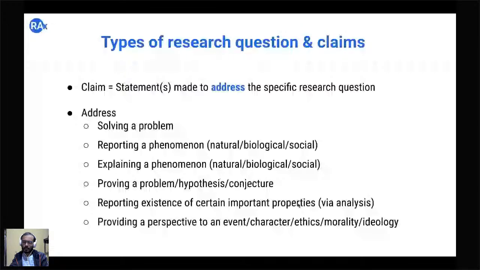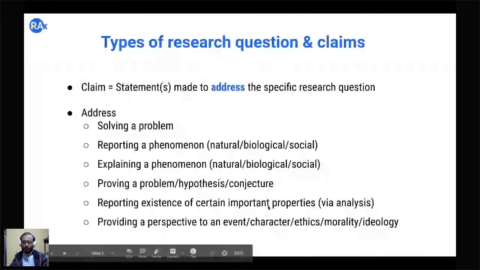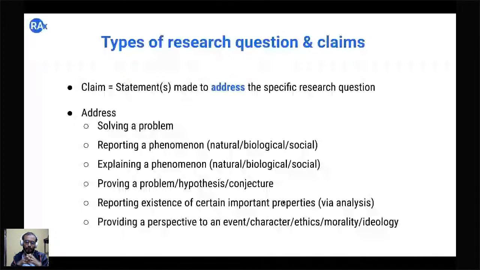That entity can be a phenomena or any kind of mathematical construct, or even a social phenomena or social event. You are trying to dig deep and bring out certain important properties via analysis, and you're reporting that analysis, those properties which nobody knew about, right? So that's the fifth category.